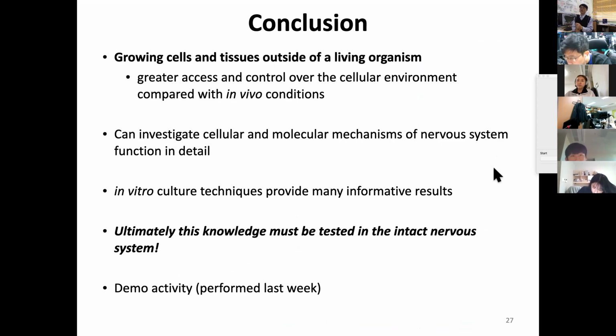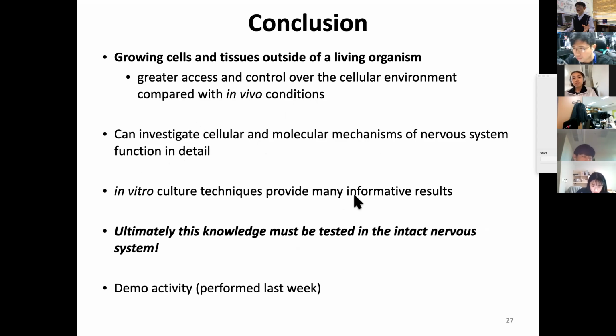So let me conclude. In vitro means growing cells and tissues outside of a living organism, giving greater access and control over the cellular environment compared to in vivo conditions. In an in vitro study, you can investigate cellular and molecular mechanisms of nervous system function in more detail because you have greater control.